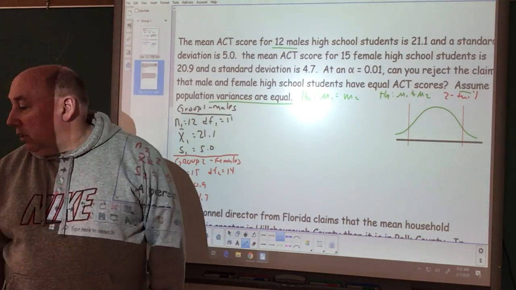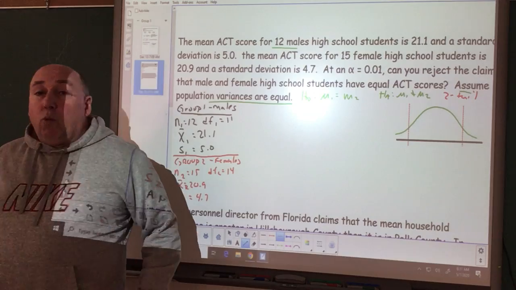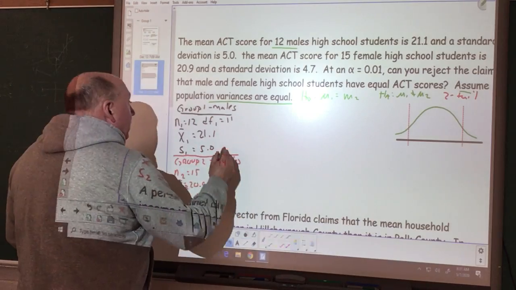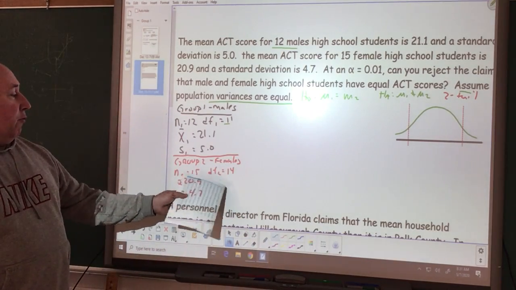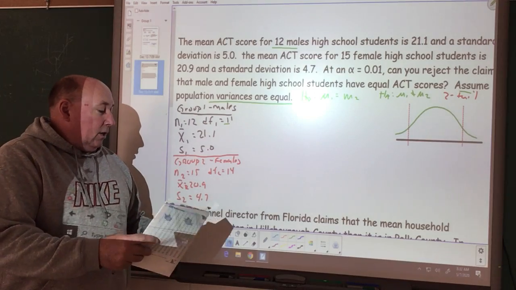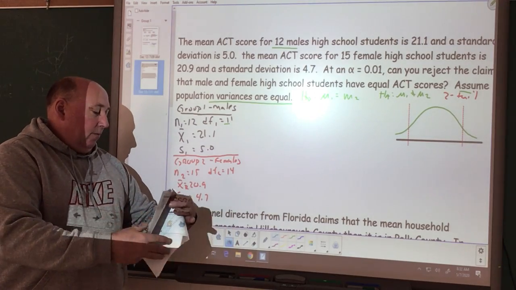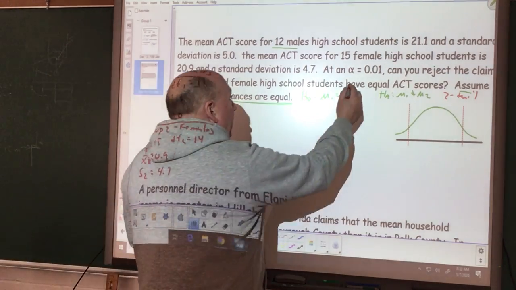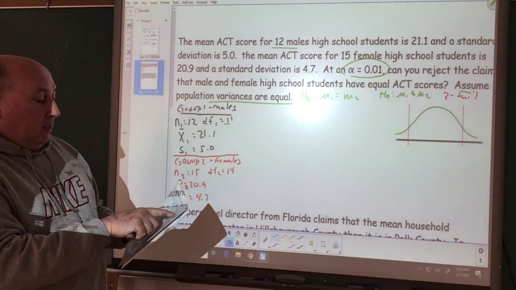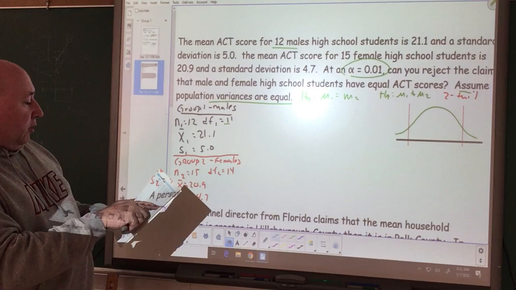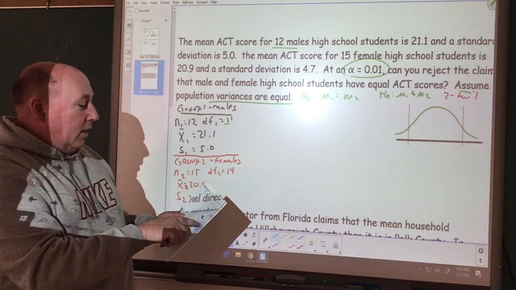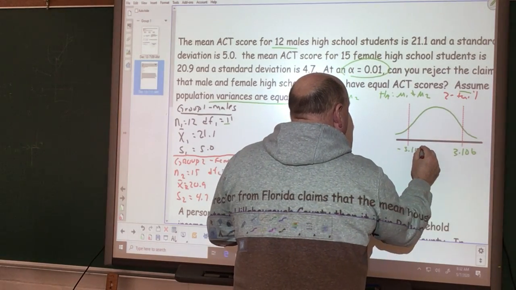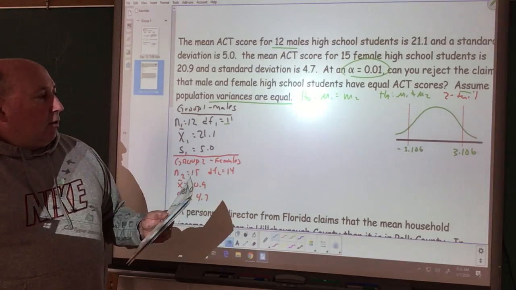Our critical values, once again, we want to use our t-table. Now, the degree of freedom that is smaller is the one we want to use. We have 11 and we have 14. So we're going to use a degree of freedom of 11. So we have a two-tail test. 0.01 is my alpha value. 0.01, two-tail. I'm going to go down to the degree of freedom of 11, 3.106. And negative 3.106. So there's my critical values.